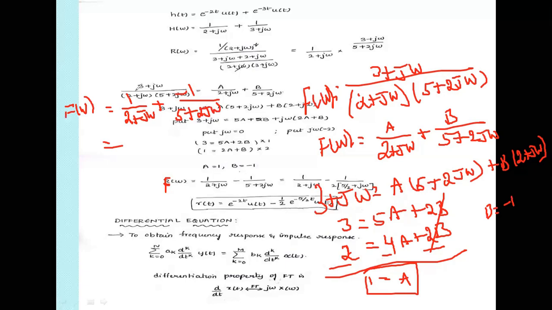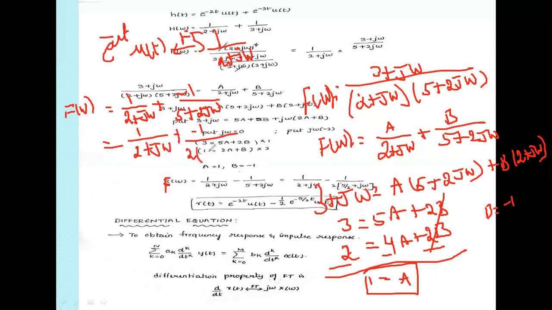But it is not in the form of e power minus at mu of t, whose Fourier transformation is 1 by a plus j omega. So keep the j omega coefficient as 1. Bring the 2 out as common: 1 by 2 plus j omega plus minus 1 by 2 into j omega plus 5 by 2. Now we can apply the inverse Fourier transformation.